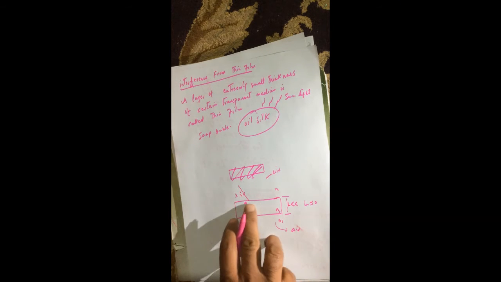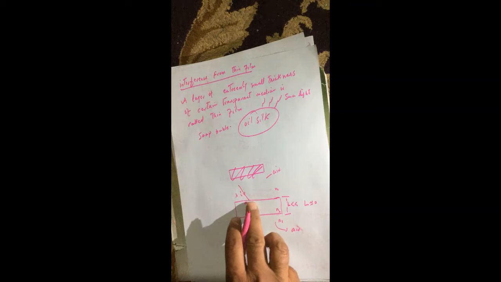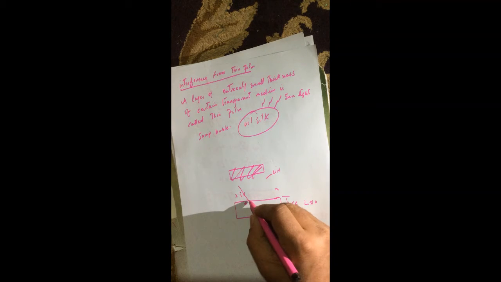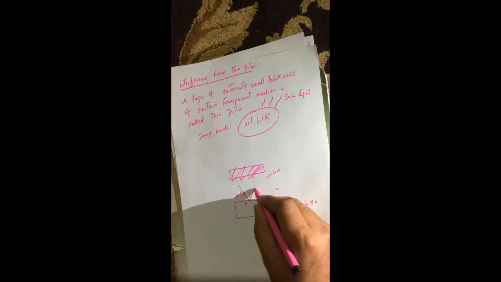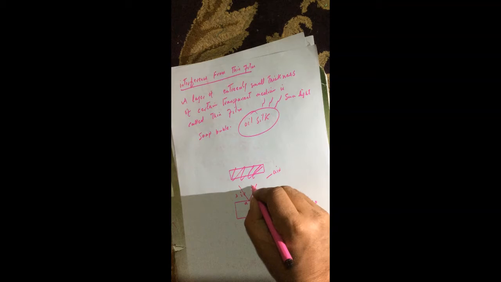Now this ray falls on this thin film at point A. After falling on this thin film, a part of this ray is reflected back in such a way, this is the reflected ray R1.